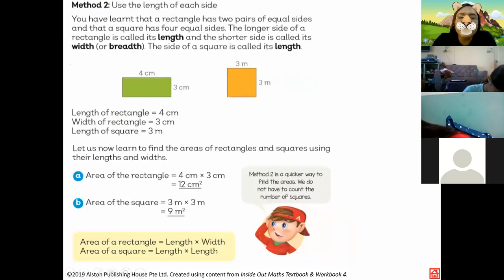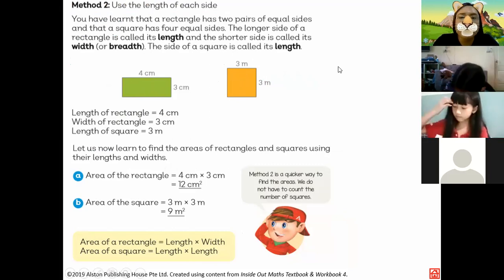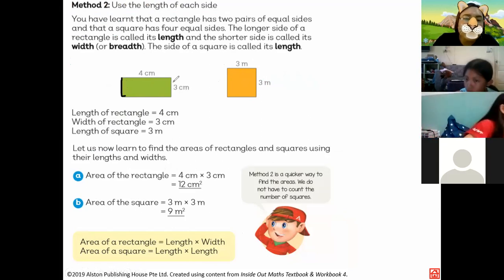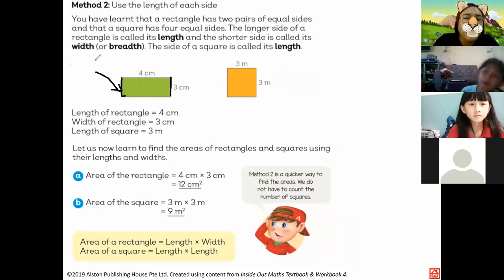Now let's learn the area of a rectangle. So class, this figure is a rectangle, right? And this shape is a rectangle, and this shape is a square. This side right here is what you call the width. W-I-D-T-H.